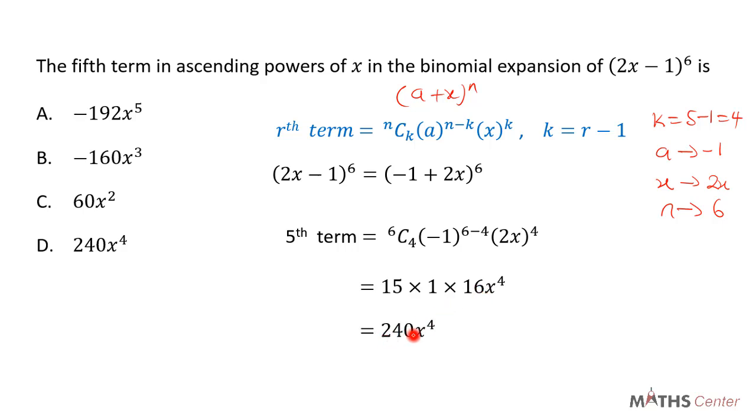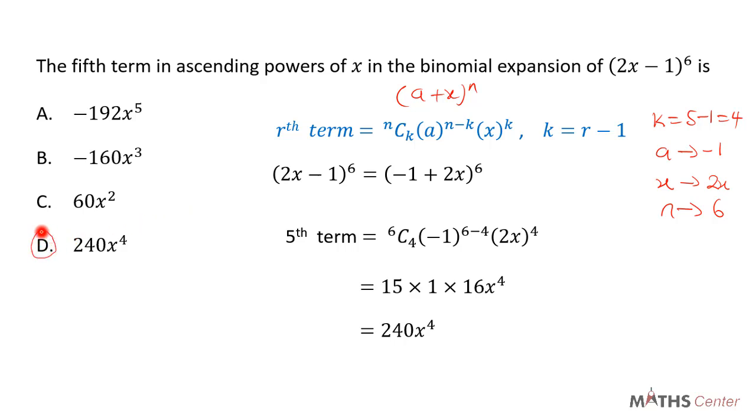So the fifth term in ascending powers of x in the binomial expansion of 2x minus 1 exponent 6 is 240x exponent 4. When we look through the options, we can see that the correct one is D.